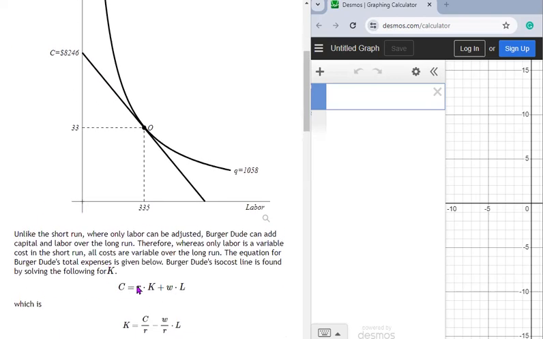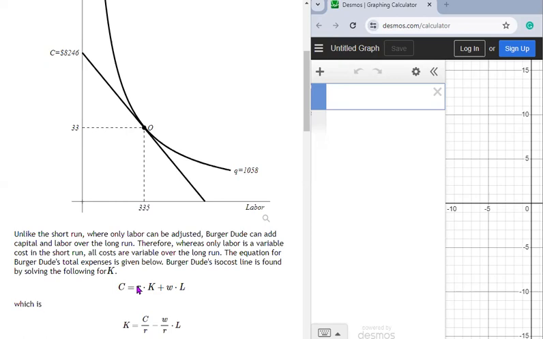Now, unlike the short run, where only labor can be adjusted, Burger Dude can add capital and labor over the long run. Therefore, whereas only labor is variable in the short run, all costs are variable over the long run. The equation for Burger Dude's total expenses is given below.